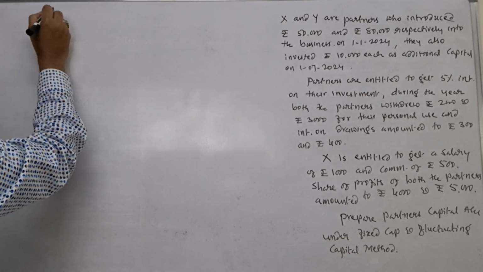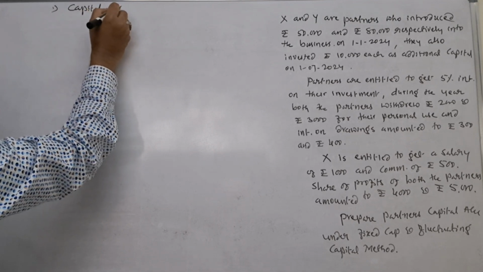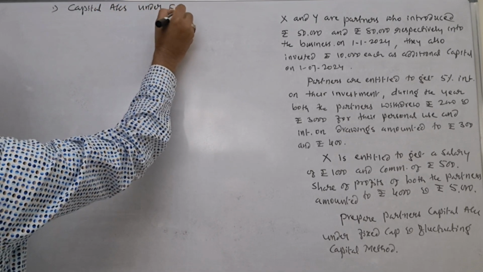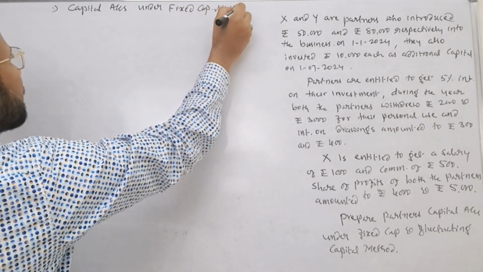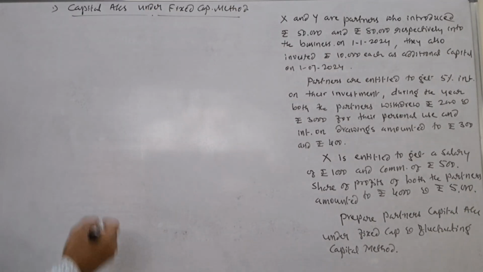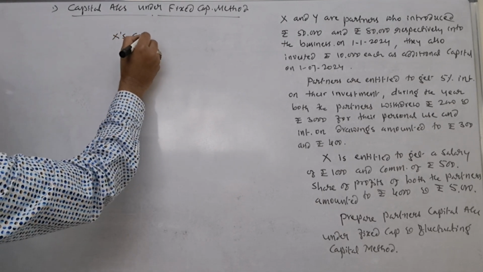First, prepare capital accounts of partners under the fixed capital method. Capital accounts under the fixed capital method, fixed capital method of accounting. First, we will prepare X's capital account.